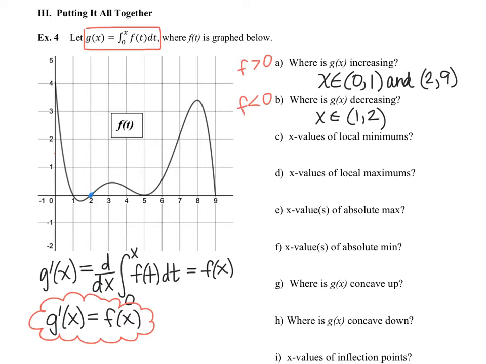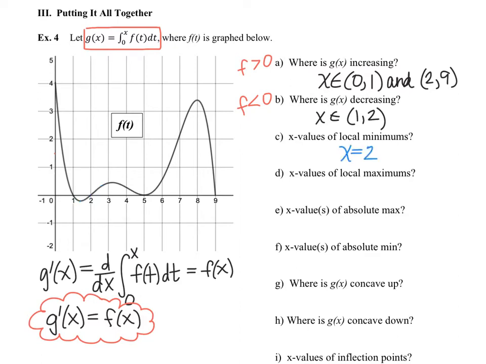So you see at x equals 2, on the left side we have negative y values, on the right side we have positive y values. So this function is going from negative to positive, but since f of x is actually g prime, that means that at x equals 2, the derivative of g is changing from negative to positive, and that's what creates a local minimum.